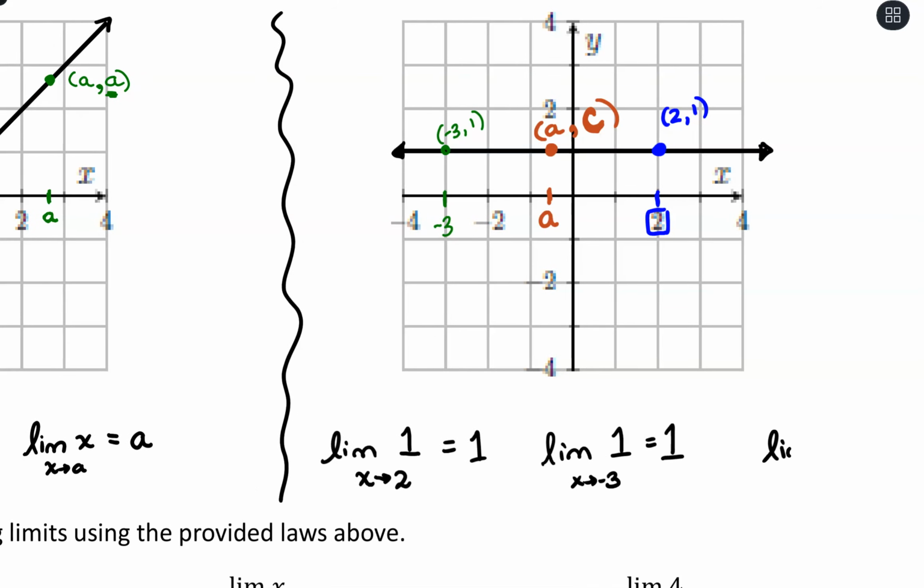So if we're taking the limit as x approaches any value of a constant function, the output for that limit is just going to be that same constant. It doesn't matter what value of a we're using. And again, like that first scenario, our limit is defined absolutely everywhere here.